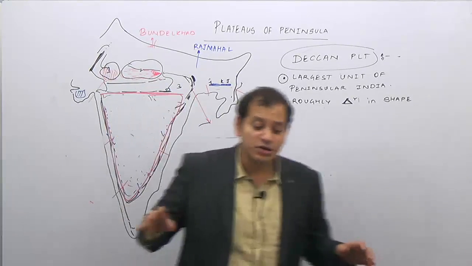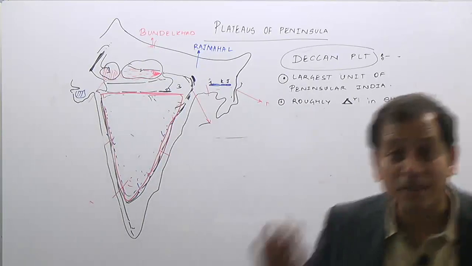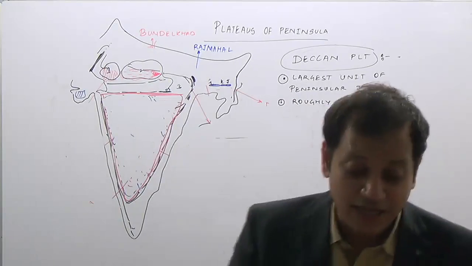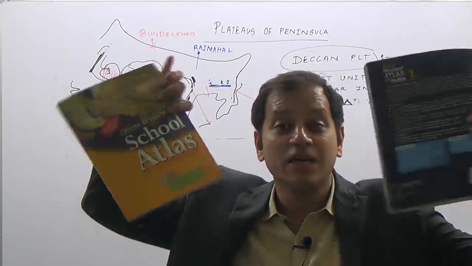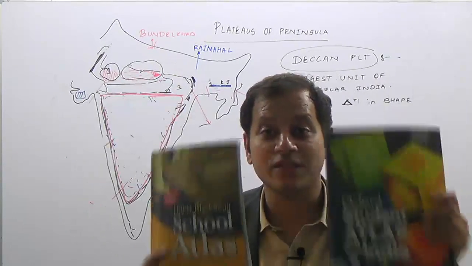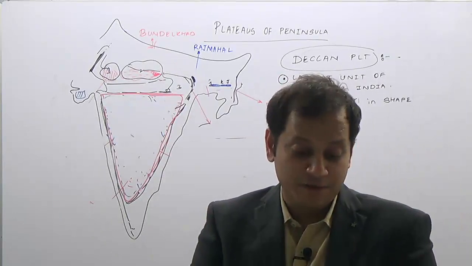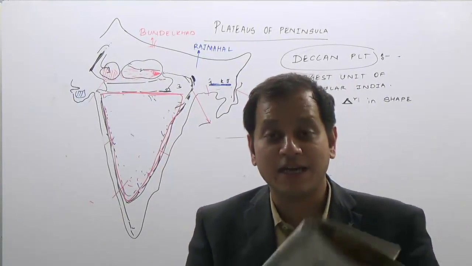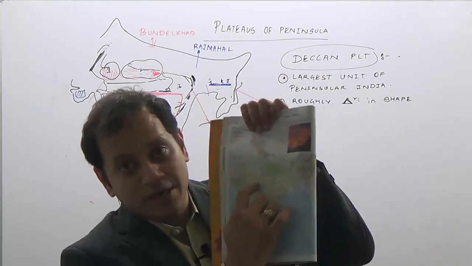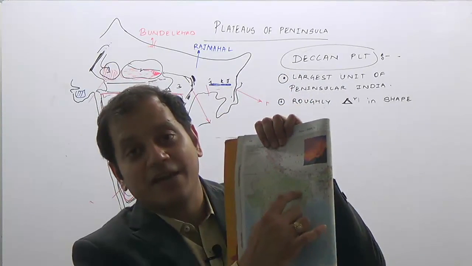Now, as I always tell you, along with my lecture series, while doing Indian geography, keep your atlas along with you, and thus you can have a basic idea of the peninsular plateau, whatever atlas you are having. Just open the first page of India, the physiographic regions of India, and this roughly triangular part is known as the Deccan Plateau region.